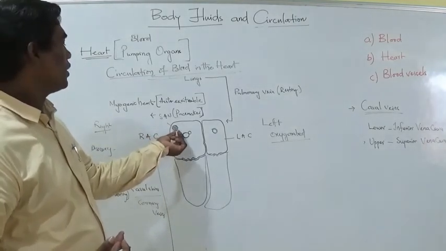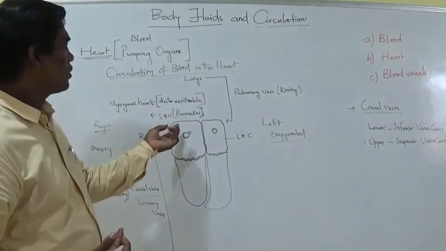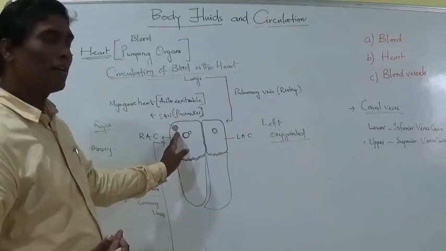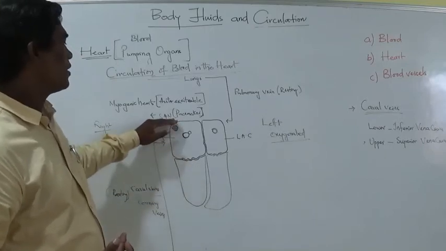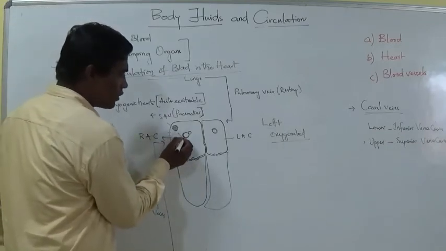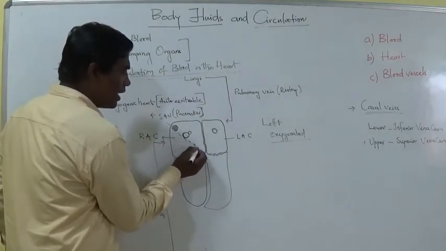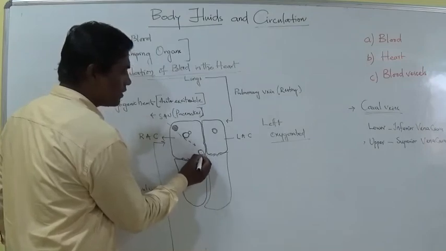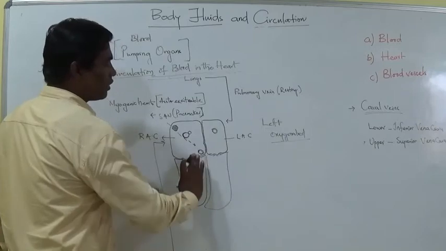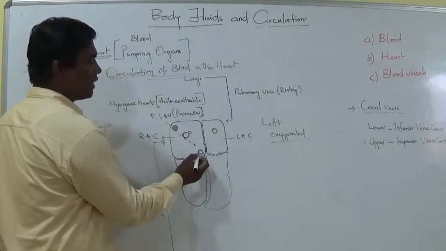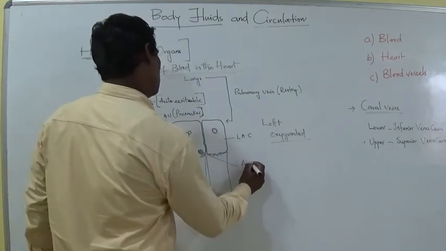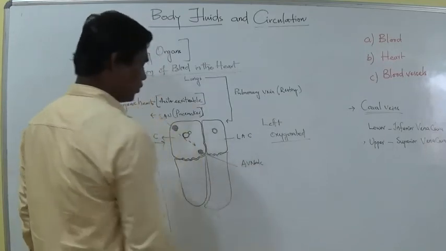The nodal tissue that is present at the uppermost rightmost part of the right atrium is usually called SAN or pacemaker, because it creates an action potential, and this action potential passes to another nodal tissue that is present at the left portion of the right atrium, which is usually called the AV node.